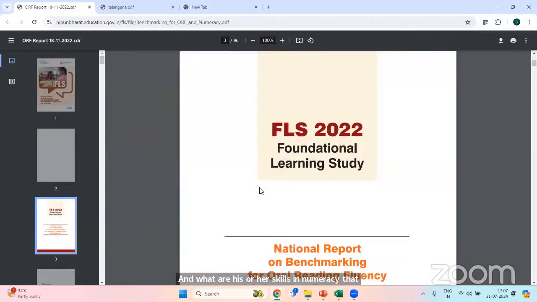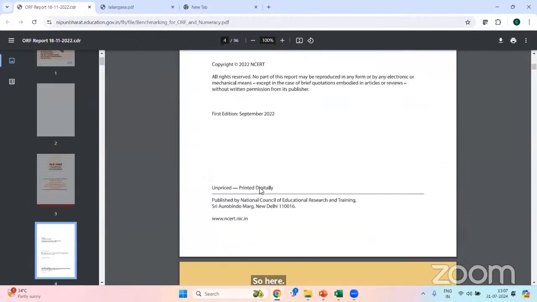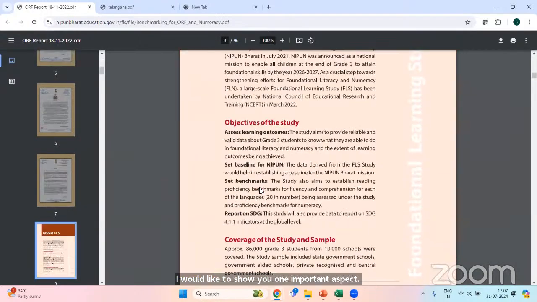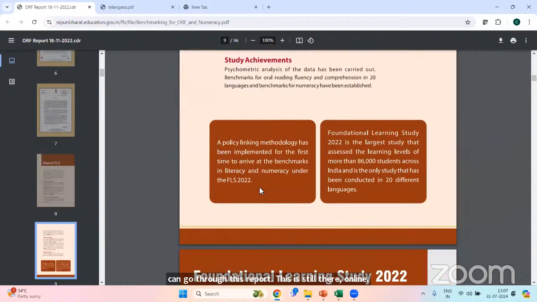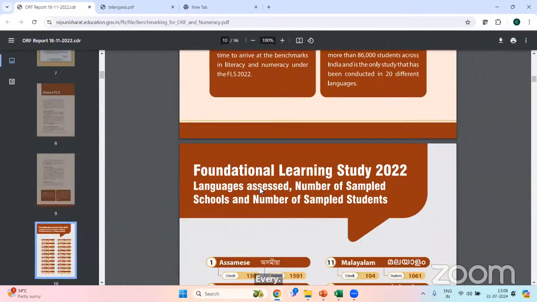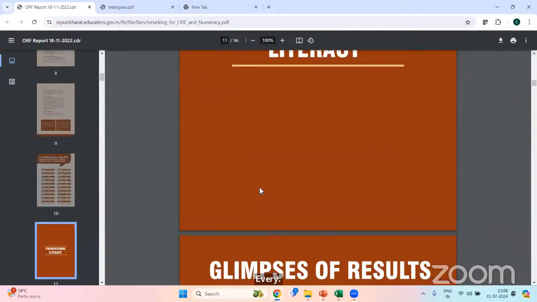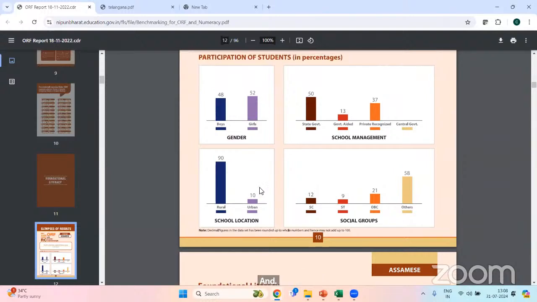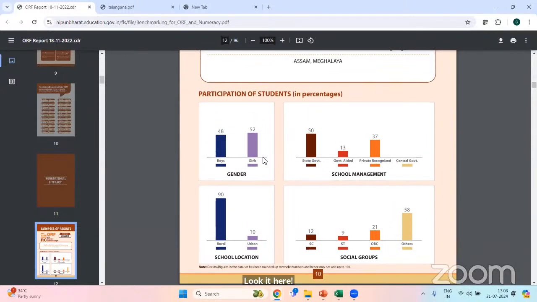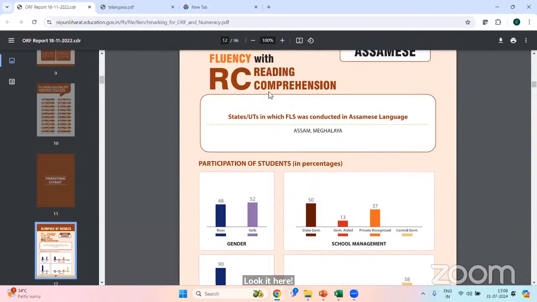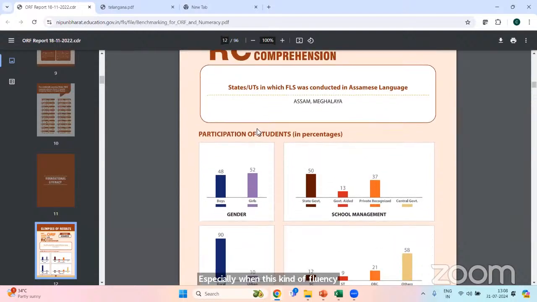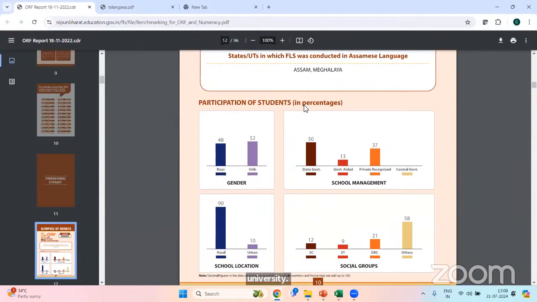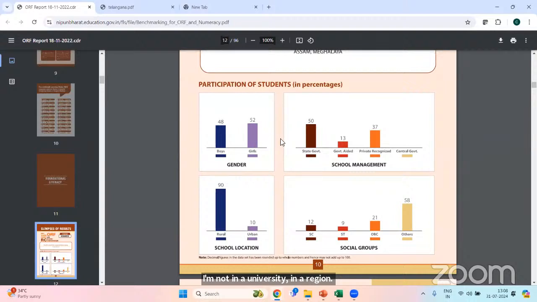Here I would like to show you one important aspect. You can go through this report, it is there online. But apart from that, every school can register in this portal. Look at here, what is the participation of the students, especially when this fluency study was conducted in a region of Assam and Meghalaya, boys and girls; this is not important to us.